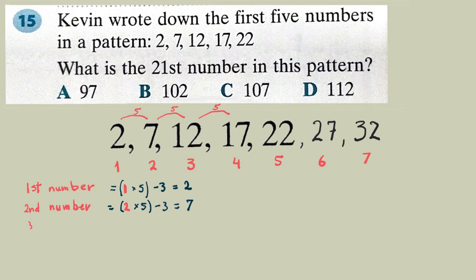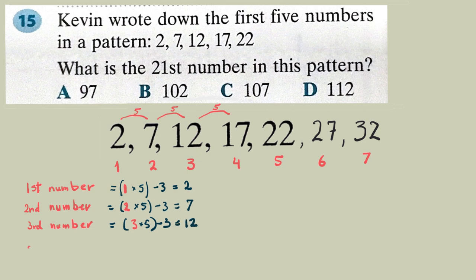I'm beginning to have a pattern here to my numbers. So now I look at the third number, and that is going to be 3 times 5 minus 3, and this will give me 12.